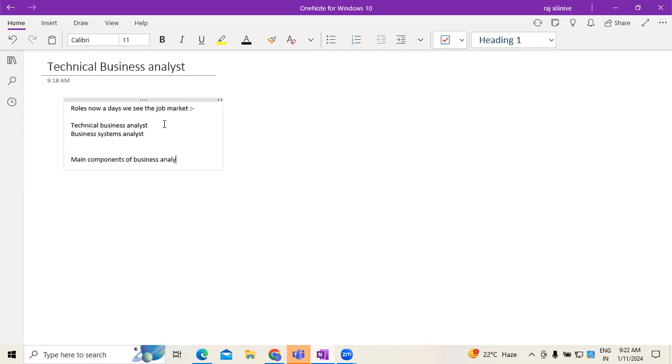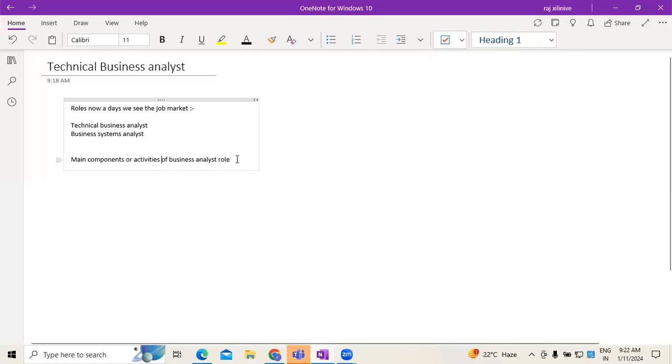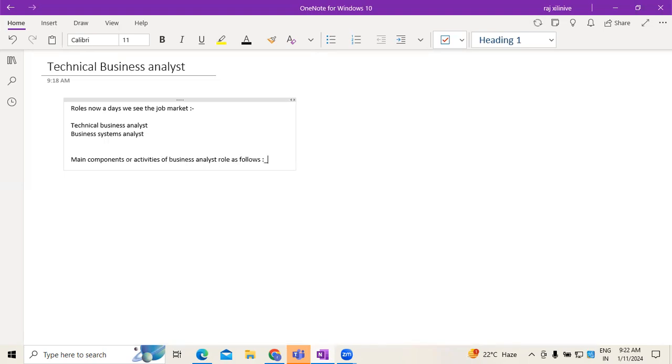So the main components, or activities, of a business analyst role are as follows. The first is understanding the business situation. Next, understanding the business problem or problems.